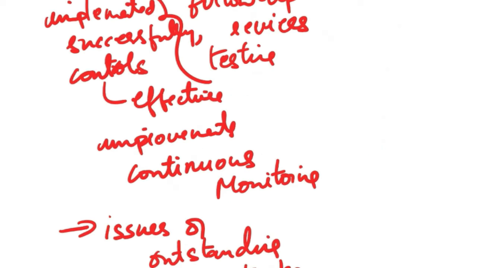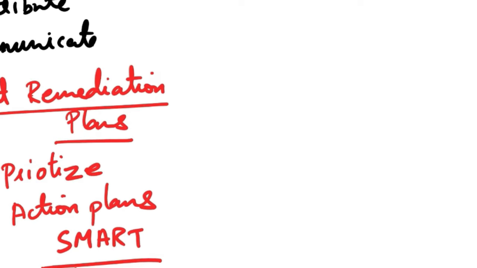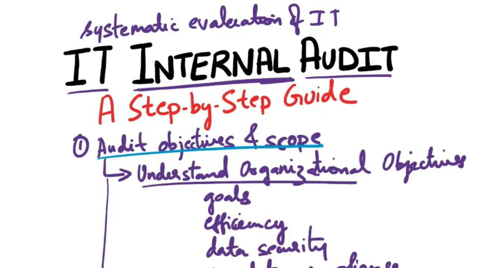So, these are the steps in an internal IT audit. So, you first define audit objectives and scope, then you go to establishing audit criteria, then plan the audit, gather information, assess risks, conduct testing, analyze the findings, report the results, implement remediation plans, and then follow up and monitor.